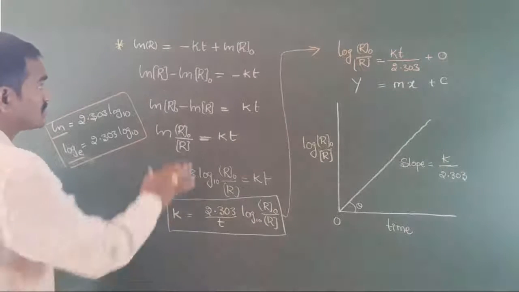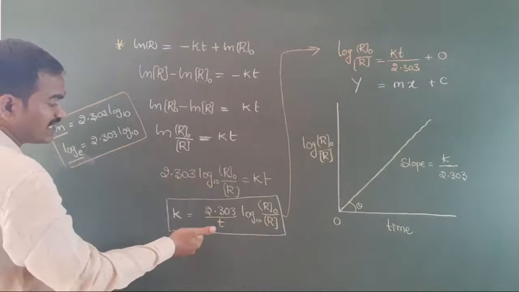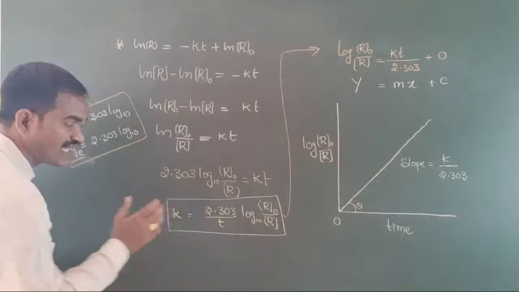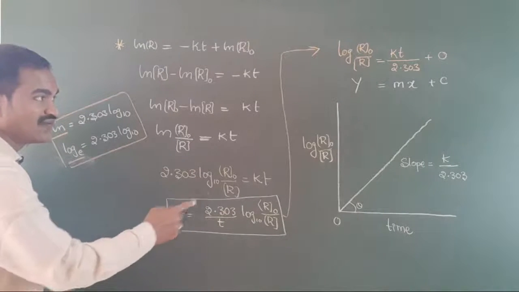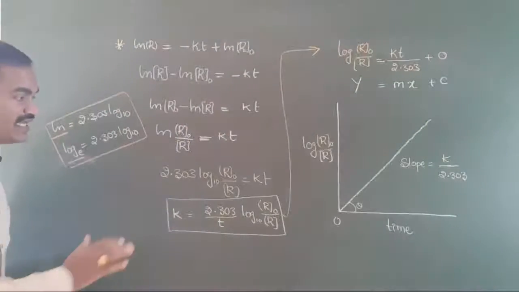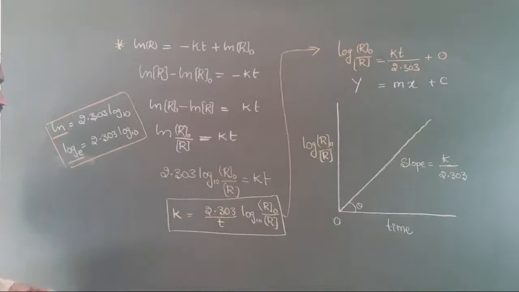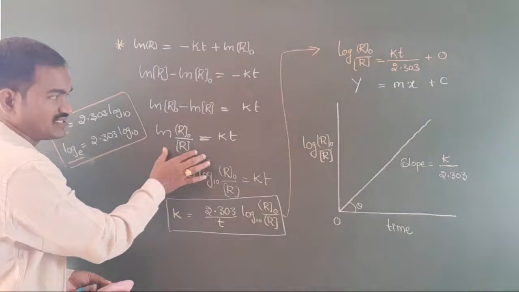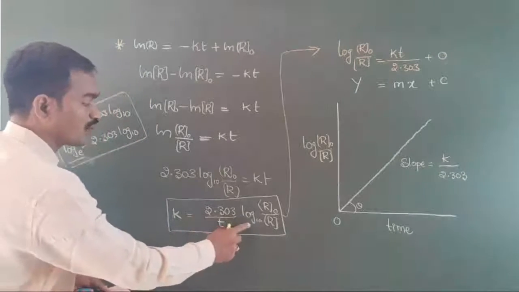After the derivation of the first order integrated rate equation, this is our final equation, and we plotted the graph like this. Any doubt? Now you may ask, sir, can we draw for this? Yes, you can also draw for this. We plotted the graph for the equation converted into log base 10.